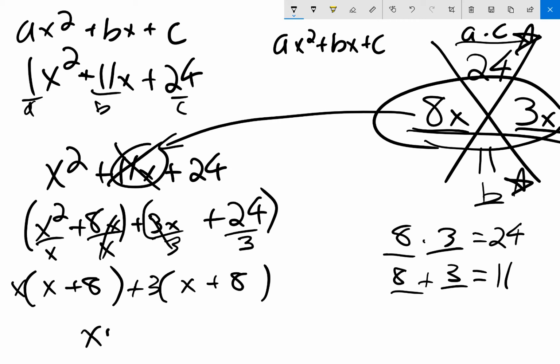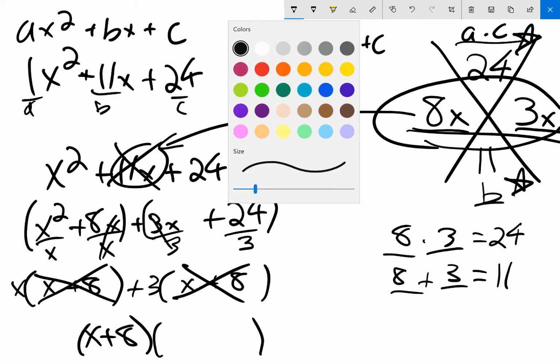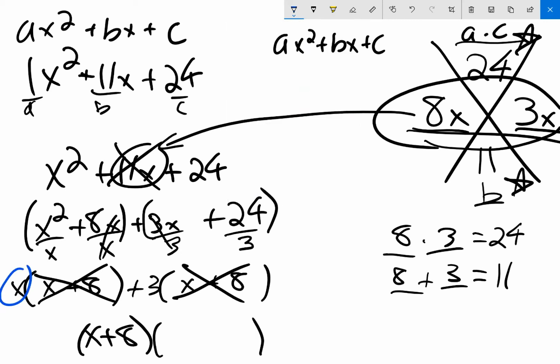So that x plus 8 is going to be one of the factors in my answer because that's a common factor for these two groups. And the other factor consists of the part I factored out, the x on the outside and the plus 3. That makes up my other factor, x plus 3. So my answer is x plus 8 and x plus 3.